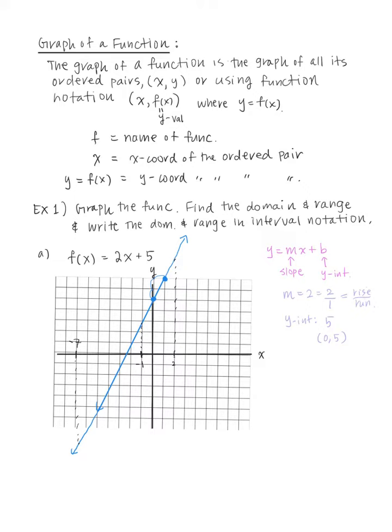So eventually, if I chose x to be here, it's still going to touch the graph. So that means that the domain is going to be the set of all real numbers. Let me just write it down. So the domain is going to be all real numbers. And how do you write that in interval notation? Open negative infinity to positive infinity open.